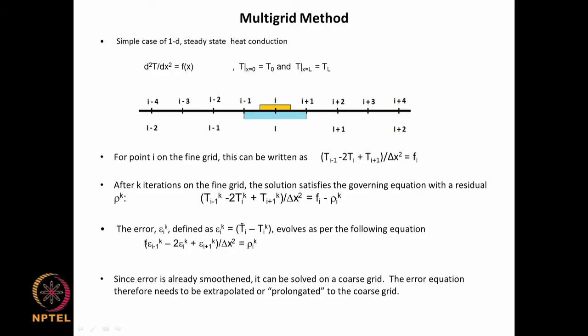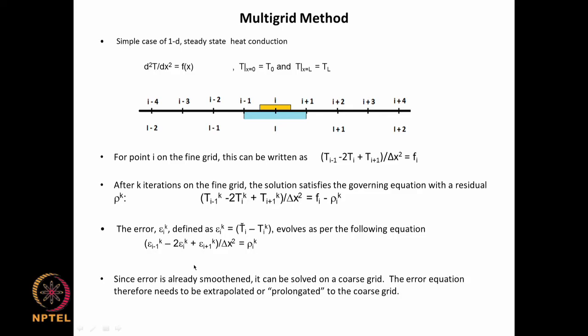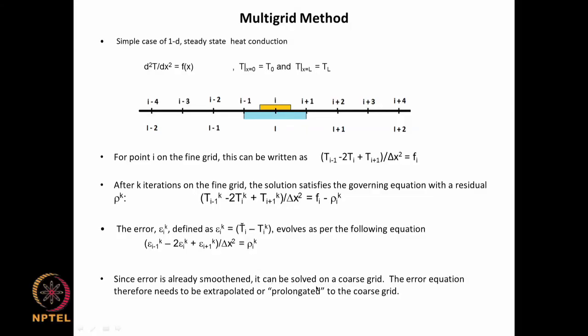So, if the spatial distribution of the error has a combination of short and long wavelengths, then the short wavelength contribution is already removed, and this has only the long wavelength components. So, instead of solving it on the fine grid, with small i minus 1, small i, small i plus 1, we can solve it on the coarse grid. Since the error is already smoothened, it can be solved on a coarse grid.